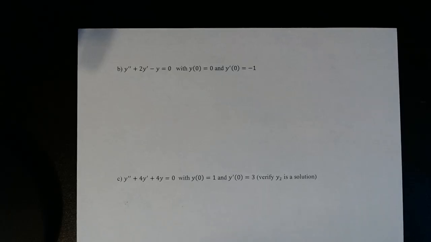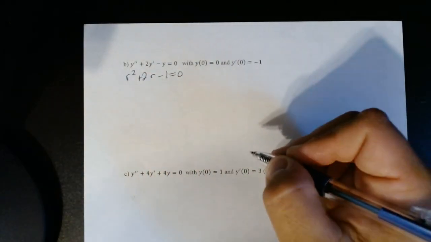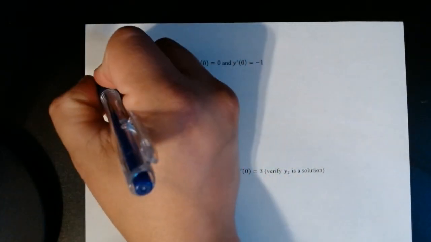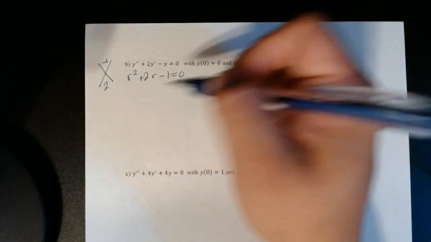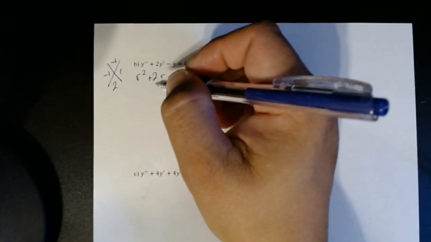All right, now we're solving the initial value problem. So r squared plus 2r minus 1 equals 0. So this time factoring doesn't work. Right, there's nothing that can multiply to give you negative 1 and then add to give you 2. So you have to use the quadratic formula.